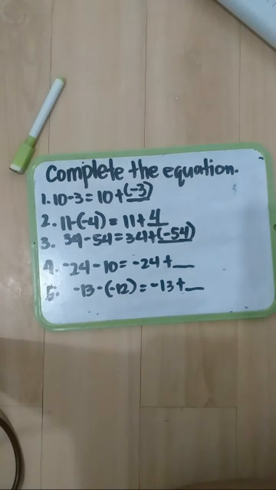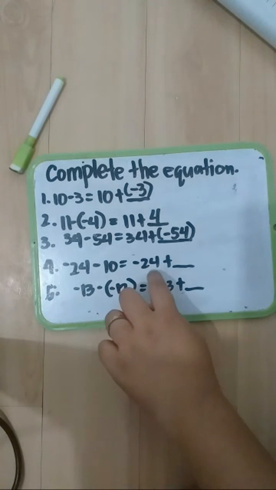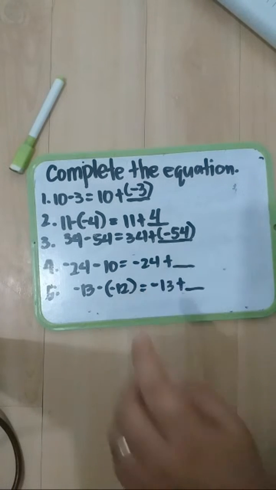Nakukuha po? Next. So, negative 24 minus 10. Negative 24 plus, ano idadagdag mo dito? Positive 10 or negative 10? Number 4. Number 4, what's the answer?